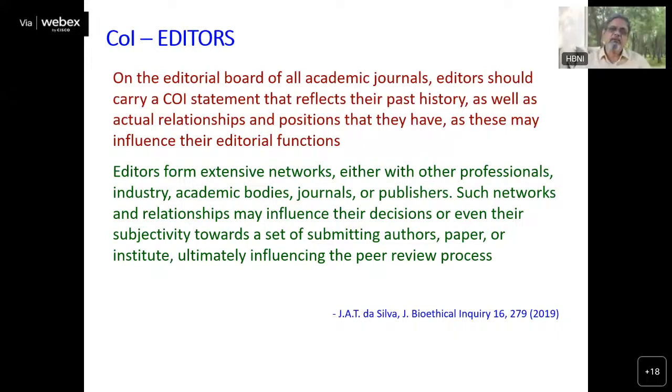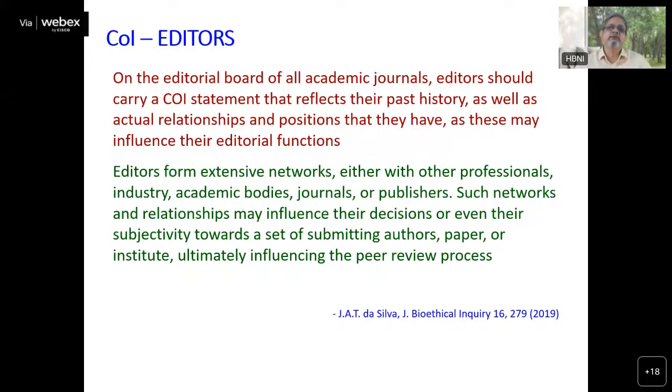They may have a well-defined research program already going on, so there is a scope for conflict of interest. They have to disclose what research they are doing, and how it may or may not affect their decisions. And these editors form very extensive networks, either with other professionals, the industries, academic bodies, other publishers, journals.